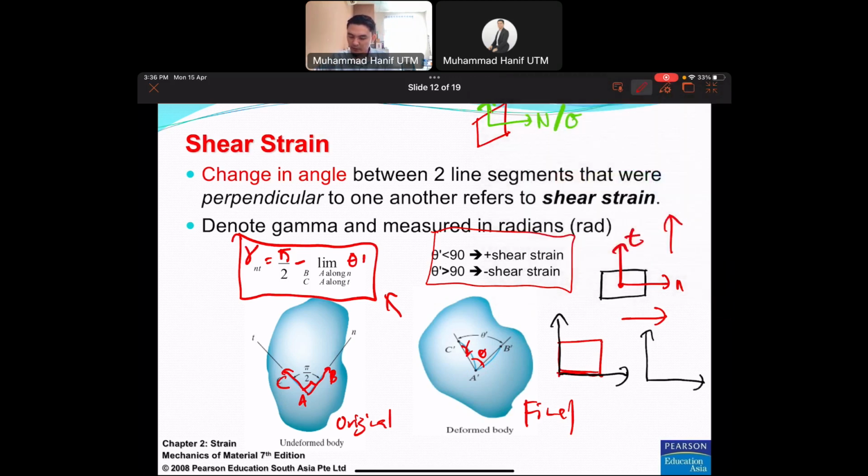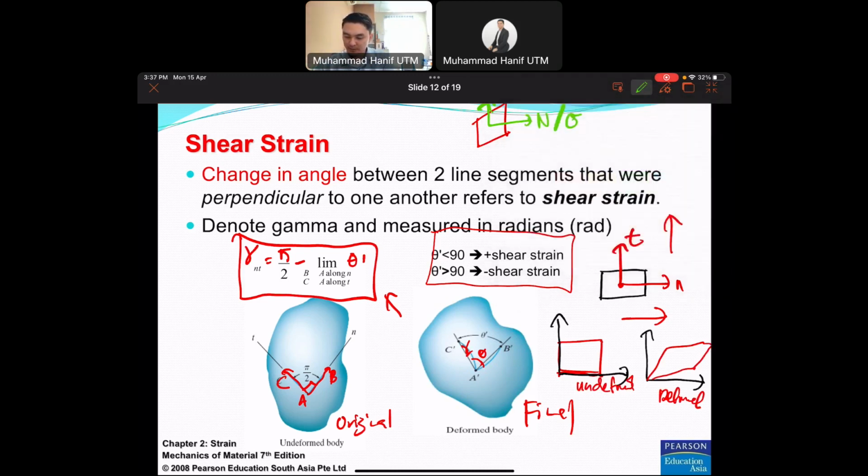So you have the undeformed and the deformed. If you apply an external load to the body, maybe I put the body this way, the body will be changed to this position.